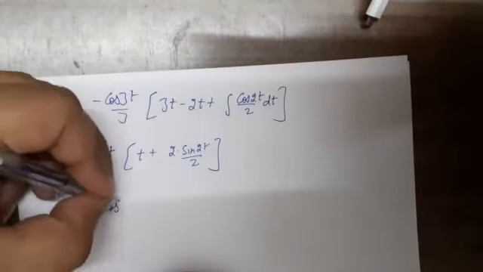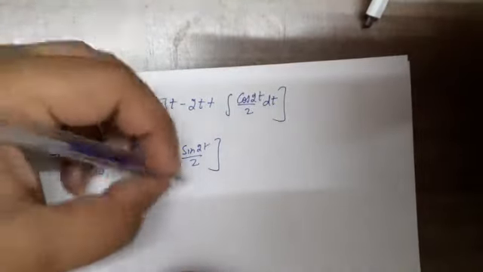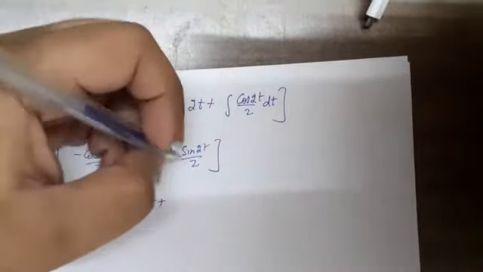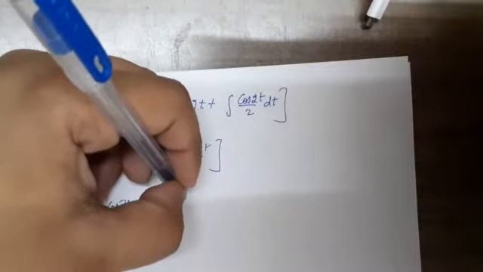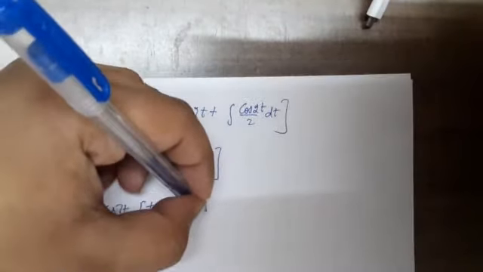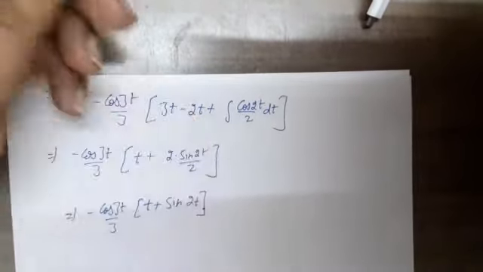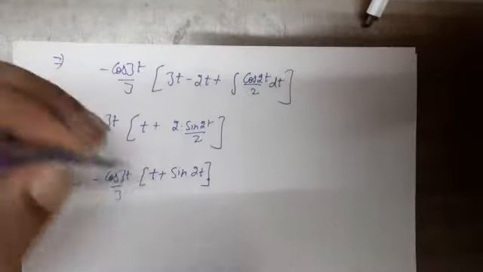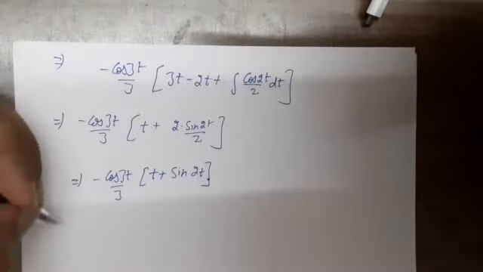So the 2 gets cancelled, and minus cos 3t by 3 times (t plus sin 2t) will be I1.